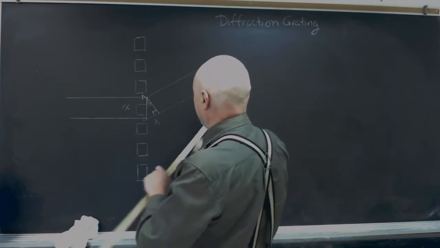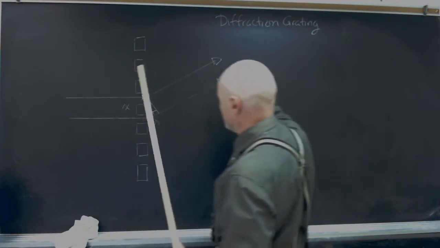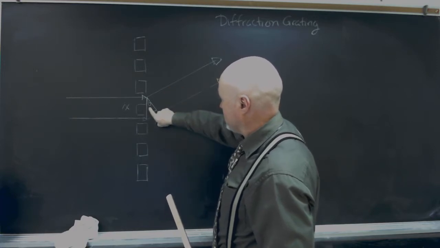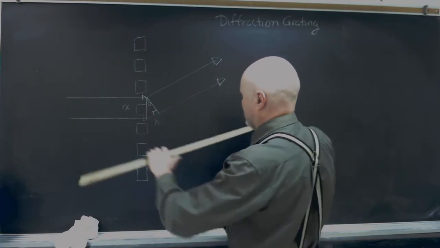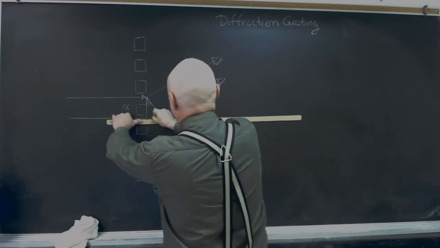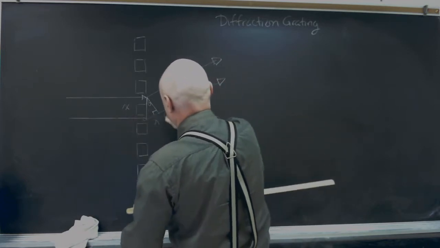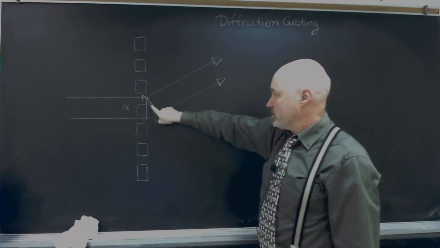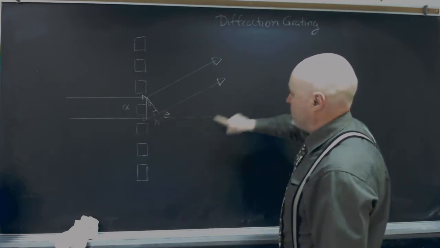Okay, so this is the angle in our little right angle triangle here, and it is actually the same as the angle to our first bright fringe. And so this theta right in here is the same as the angle headed to our screen down here. And so the angle to the bright fringe is going to match up with the angle right here.